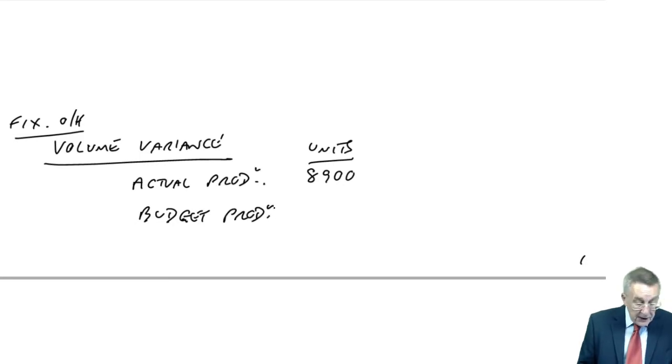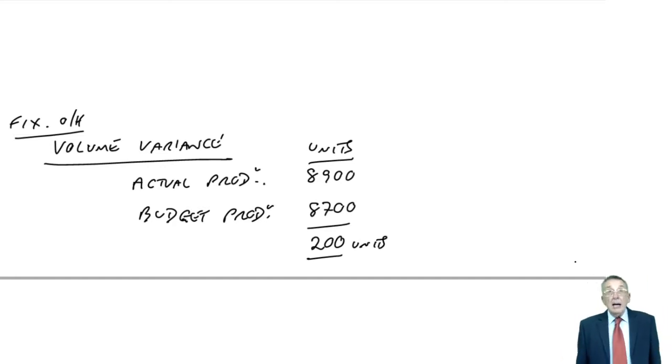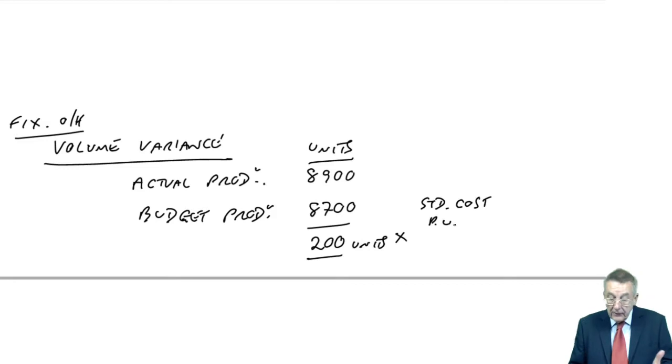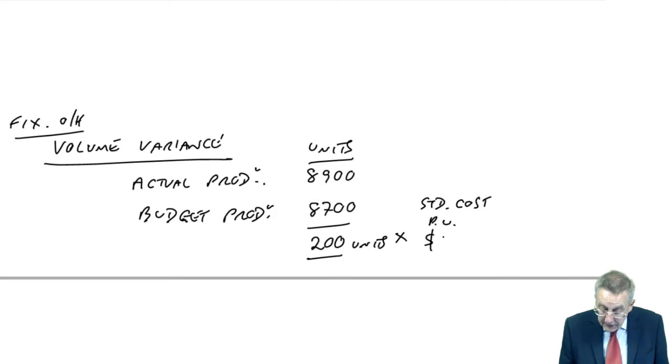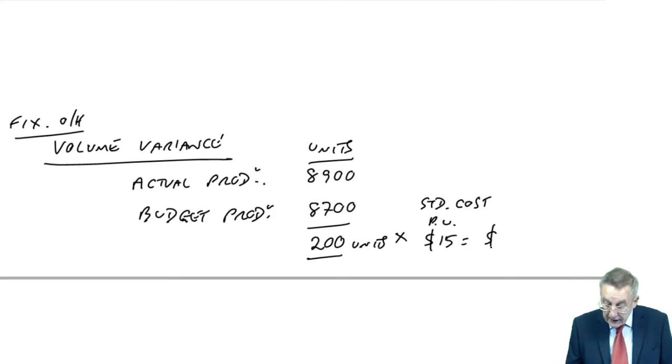We budgeted on producing 8,700 units. And we cost it out at the standard cost per unit. For fixed overheads, obviously it's fixed overheads we're dealing with. So the standard cost per unit was $15. If you look back at the cost card, it's 3,000.